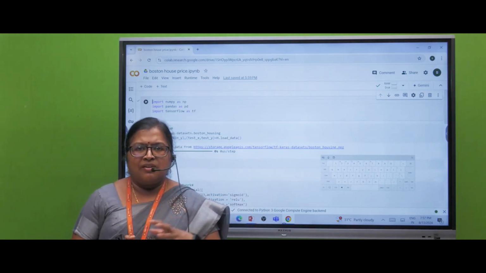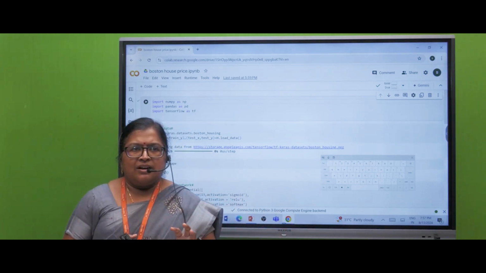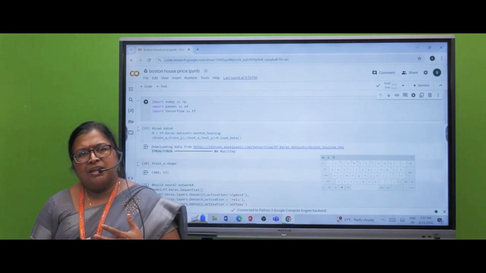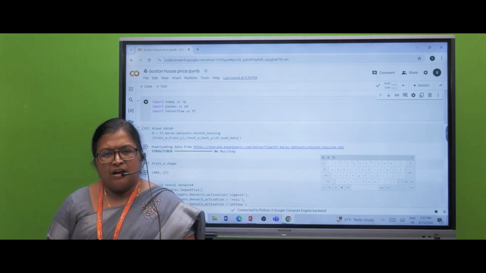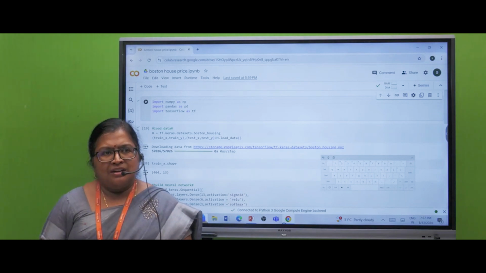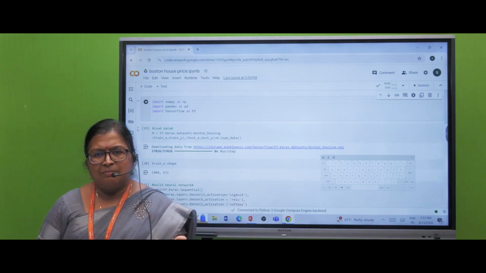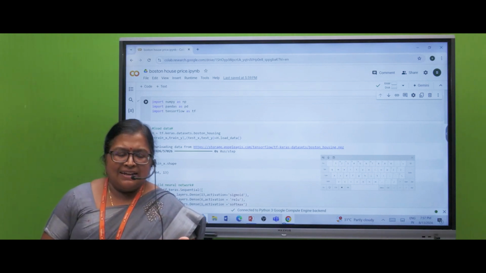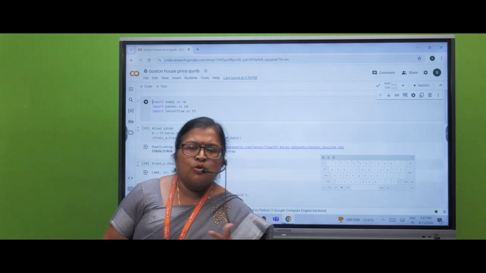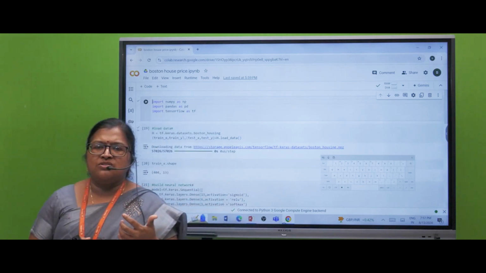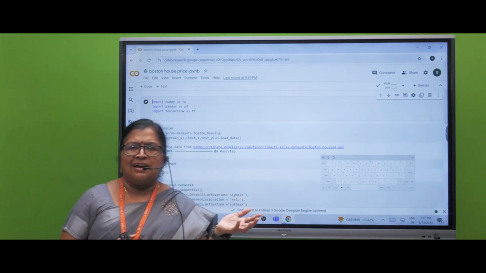For deep learning we have to build neural networks. For that we normally go for TensorFlow, PyTorch, or Keras. Scikit-learn is not much used for deep learning; it is normally used for machine learning algorithms.